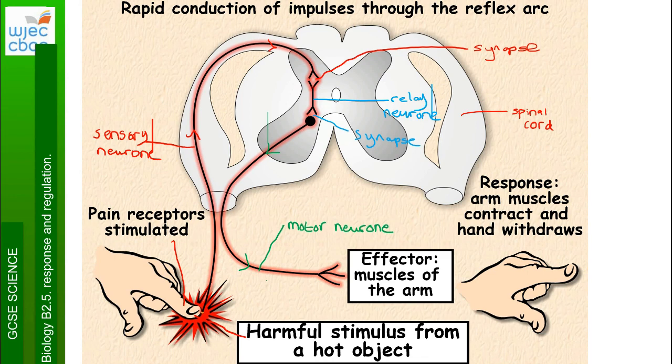Then information to the motor neuron, to the effector, and then a response. So stimulus, receptor, sensory neuron, relay neuron, motor neuron, effector, response. We will do lots of practice questions on sequencing these stages of a reflex arc.